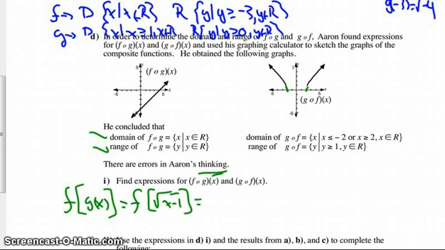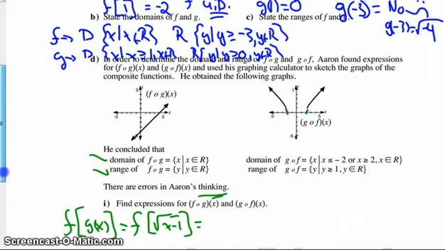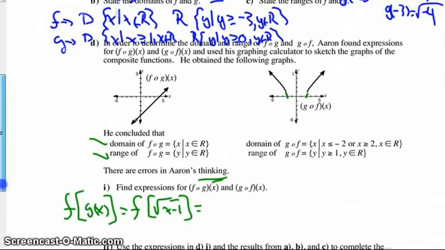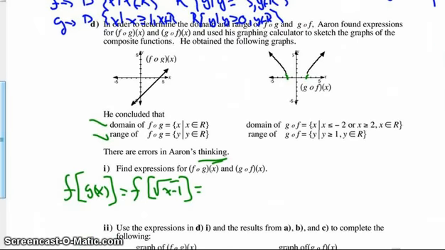And now when we do the function, that means we will take the square root of x minus 1 and square it, and then subtract 3, which ends up being x minus 1 minus 3, which is really just x minus 4, a straight line.